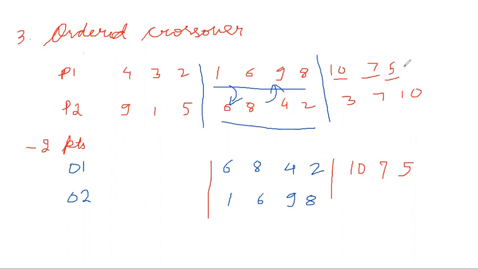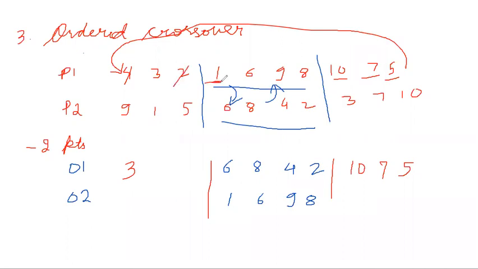Now I move in the cyclic direction to the next element. Here it is 4. 4 has already occurred, so I cannot copy it, I'll cross it. Then I come to the next element, 3. It is not there till now, so I can fill the vacant position with 3. What is the next element? 2. 2 has already occurred, so I cannot use it.